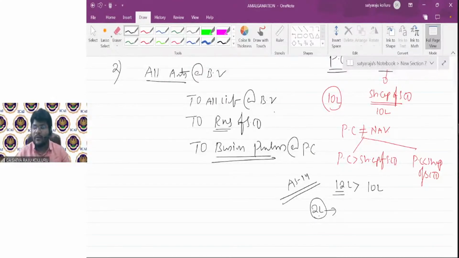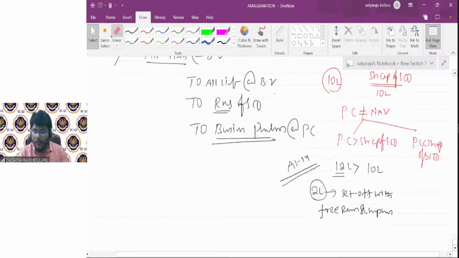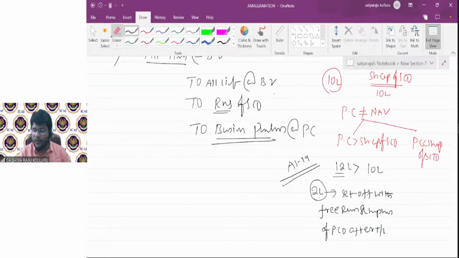If the method of accounting treatment is pooling of interest method, and the purchasing company paid over and above the share capital of the selling company, then the excess of PC paid over the share capital of the selling company should be treated as a revenue loss, and such loss should be set off with free reserves and surplus of the purchasing company after taking over the reserves and surplus from the selling company.